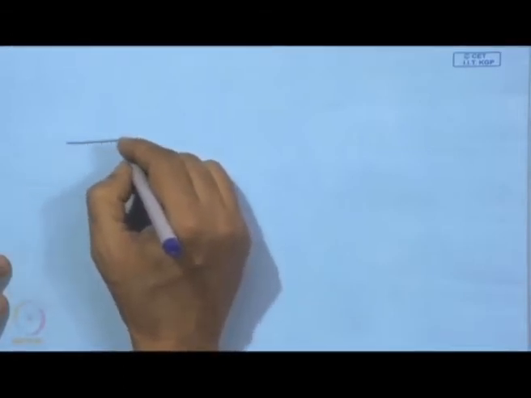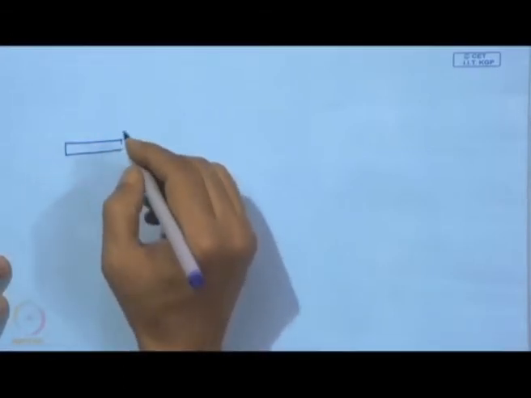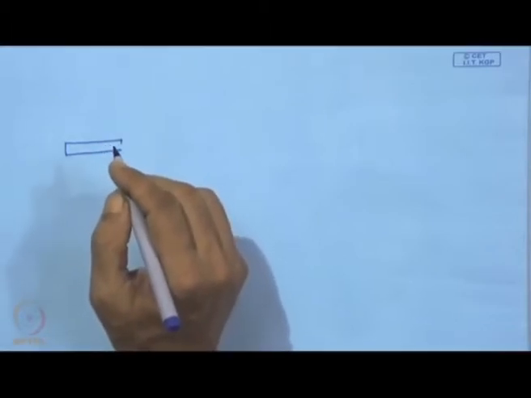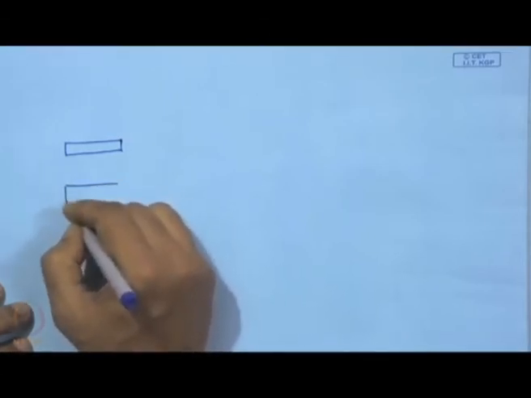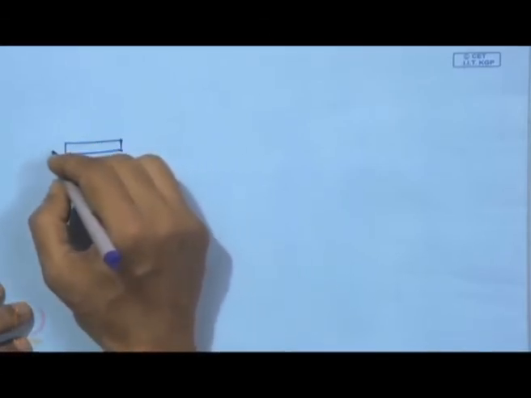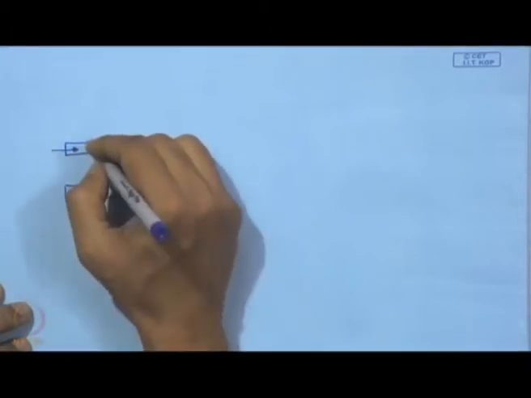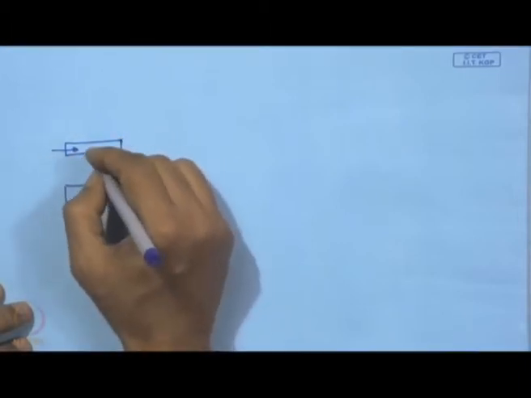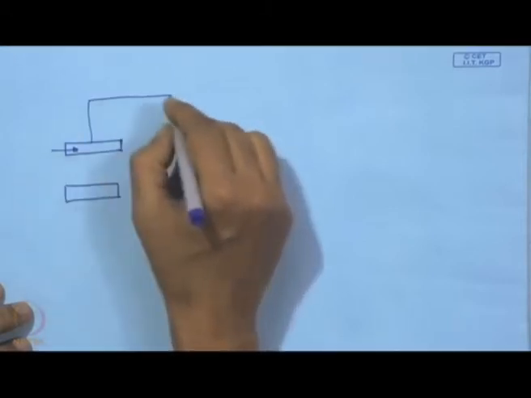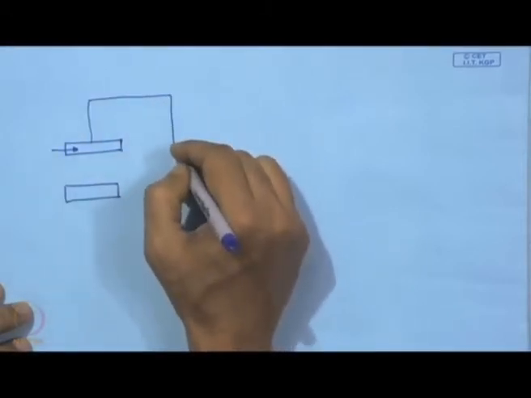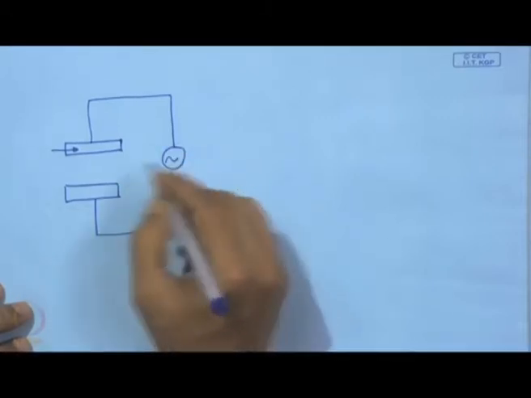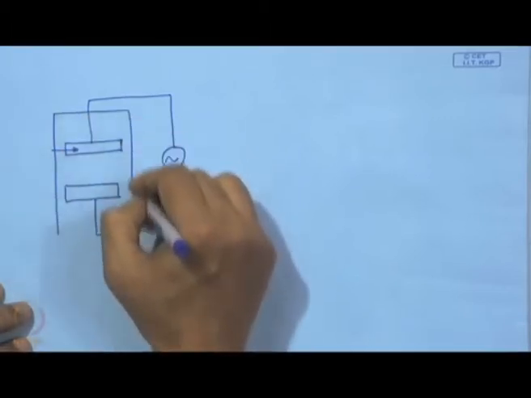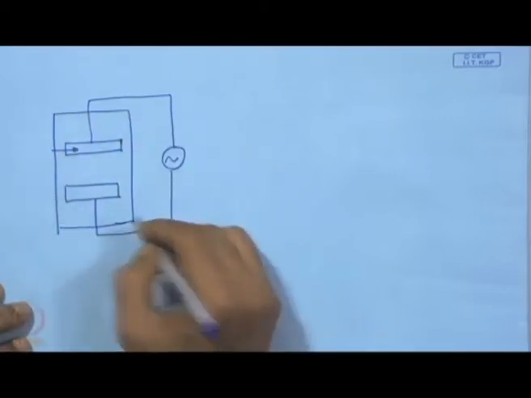However, when we have one conducting cathode or conducting target, which is provided with this alternating voltage, and this is within this chamber, then what is going to happen?